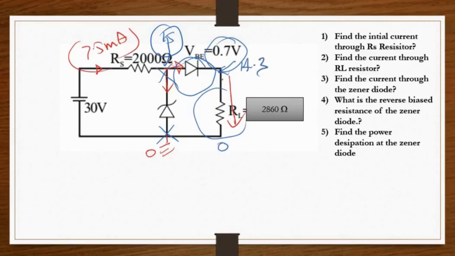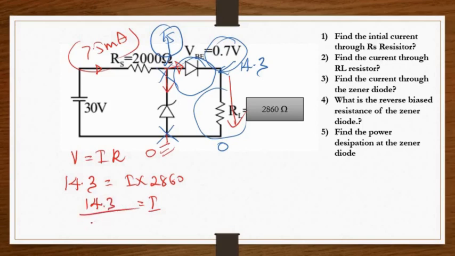So let's apply V equals IR for the RL resistor. V is 14.3, I into R, 2860 ohms. So here I get I equals 14.3 divided by 2860, right?